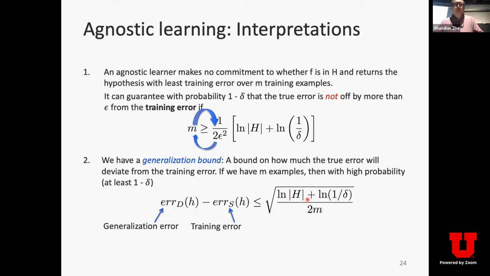Just keep it in mind because later we'll see a different bound, but it reflects the same meaning. And we're motivated by this bound to design large margin classifiers like support vector machines.